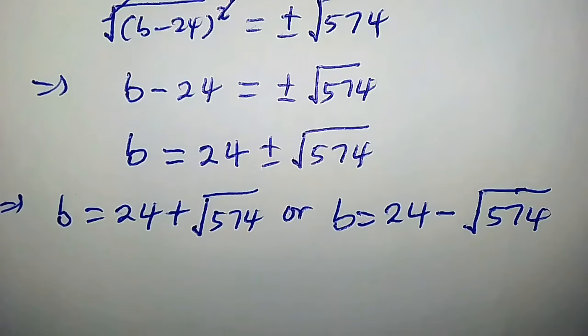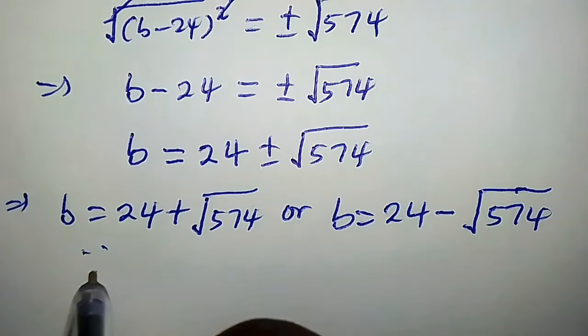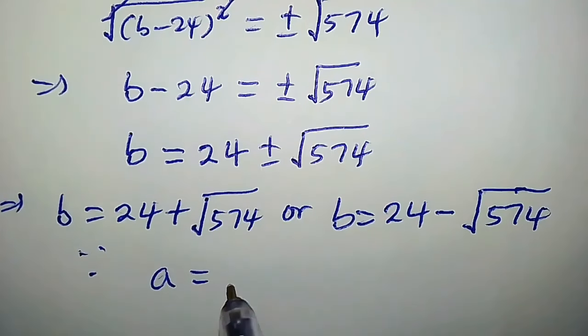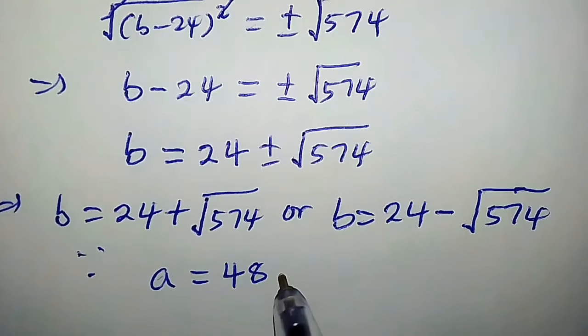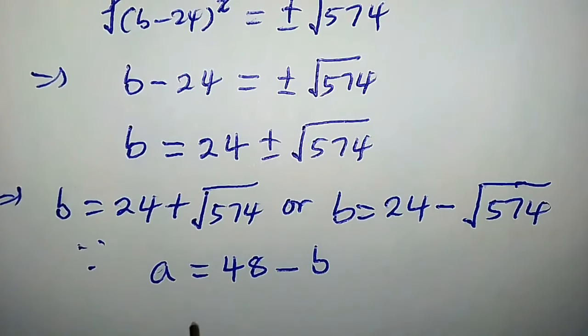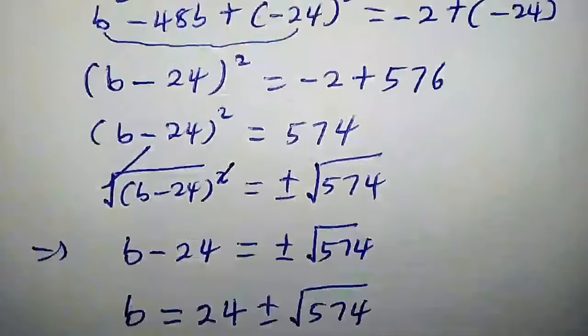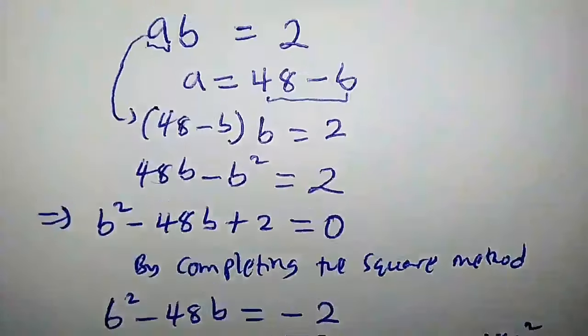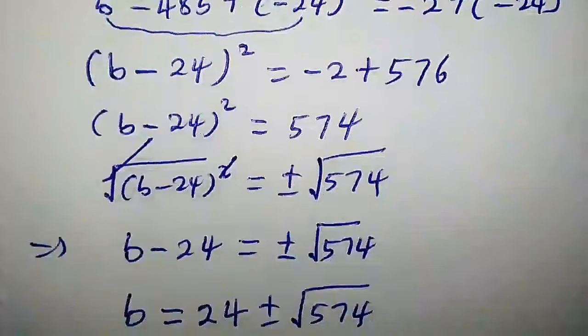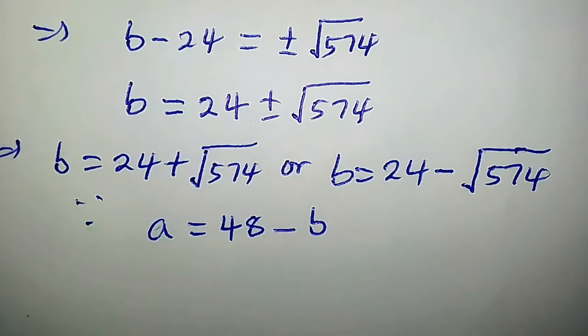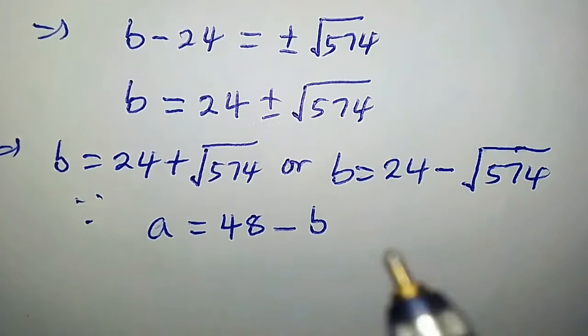We can then use this value of b to get the value of a, since a is equal to 48 minus b. Let me show you where we got this from. It's basically from this line. Let's continue. What we have to do now is to consider each value of b.